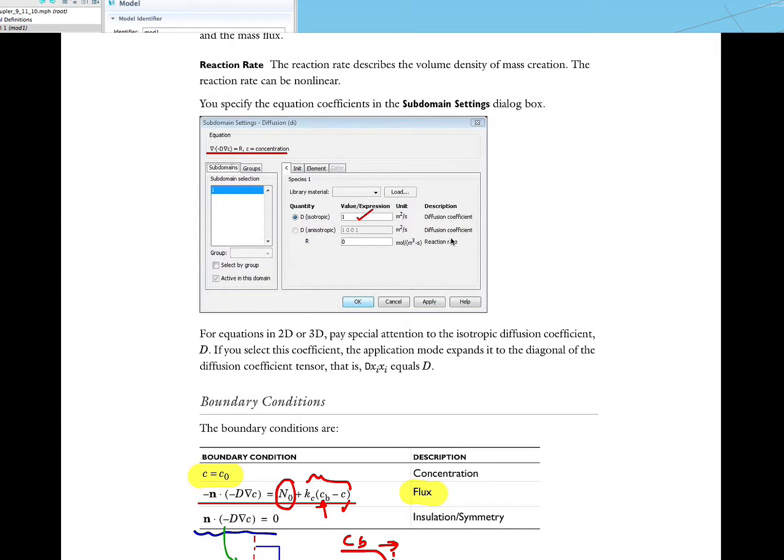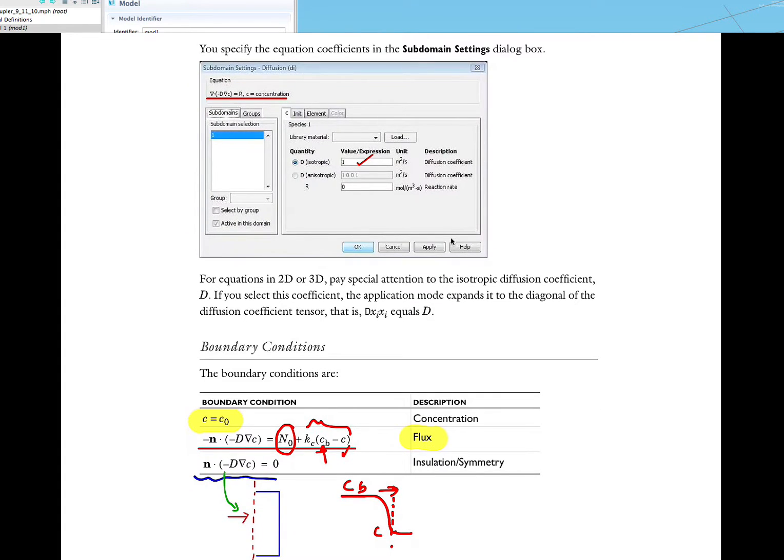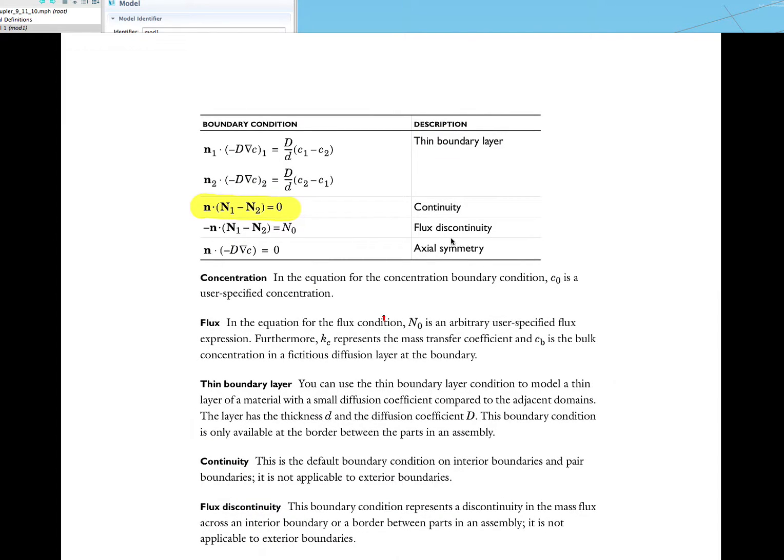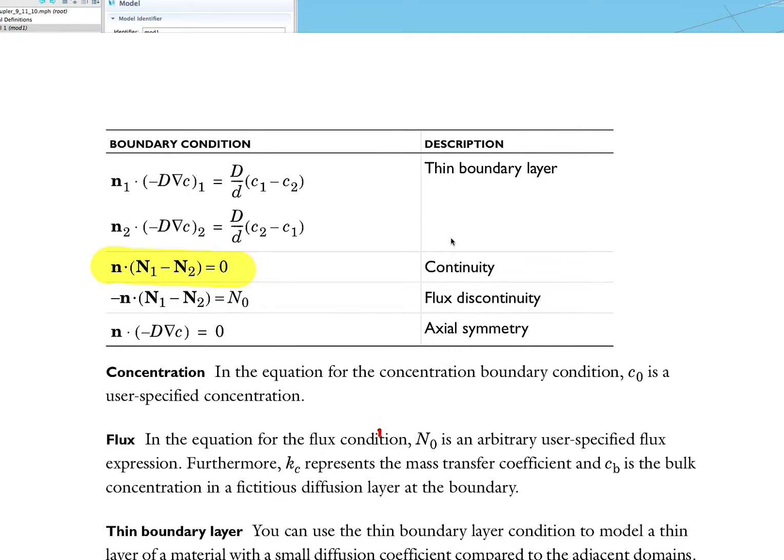Here N is actually the flux, so using the same symbol, the difference in the fluxes between N1 and N2 is either equal to 0 or a given value. That's when you have multi-layer.